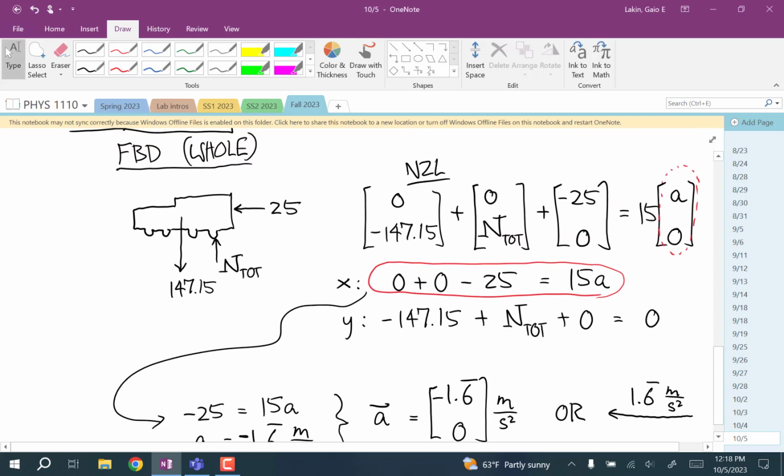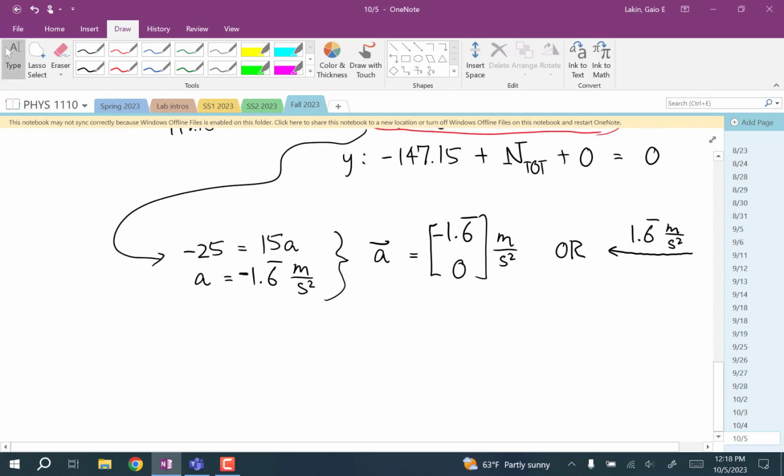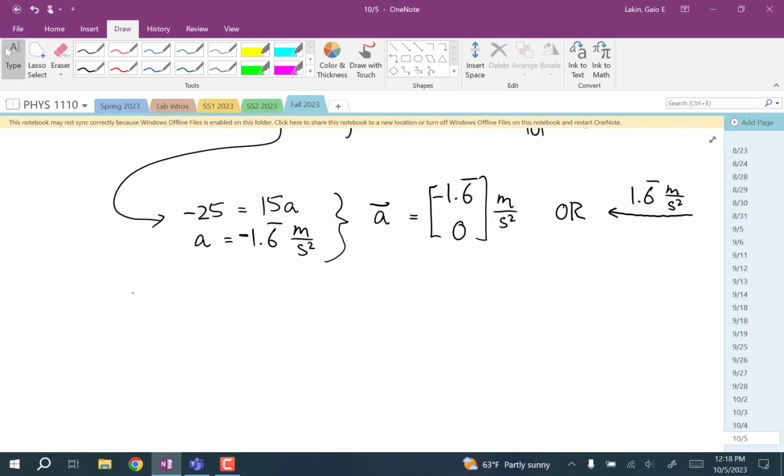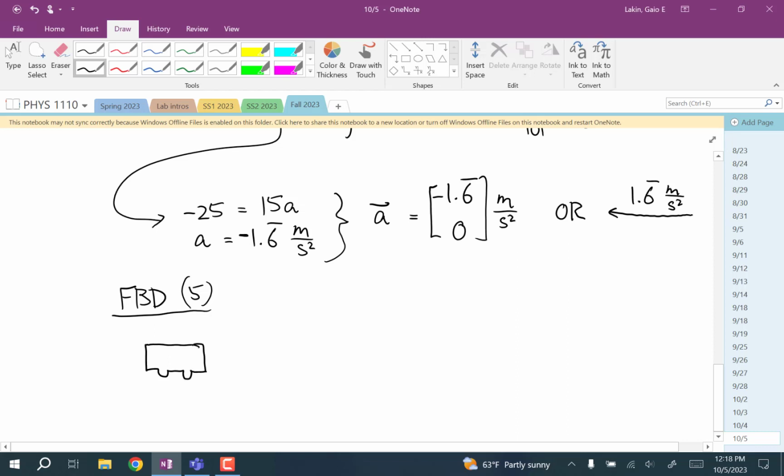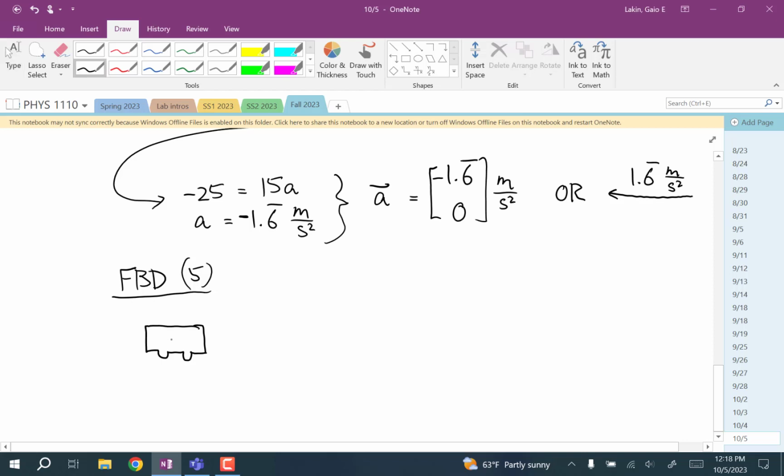Now that we have that, now we can isolate the 5 kilogram. So now I'm going to draw a free body diagram of the 5. There's a weight force of 5 times 9.81, so 49.05.